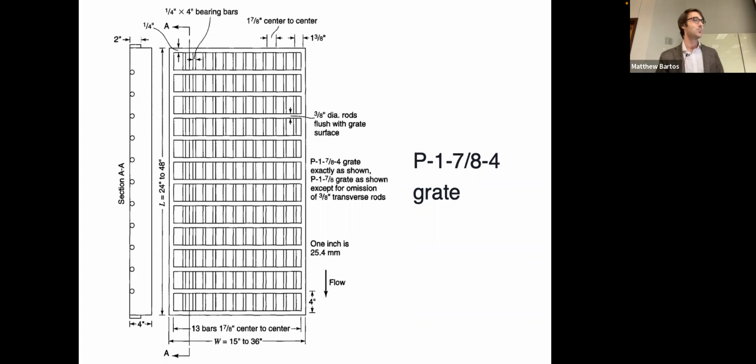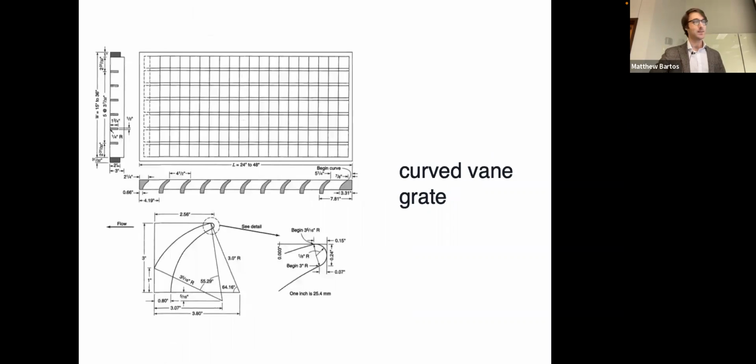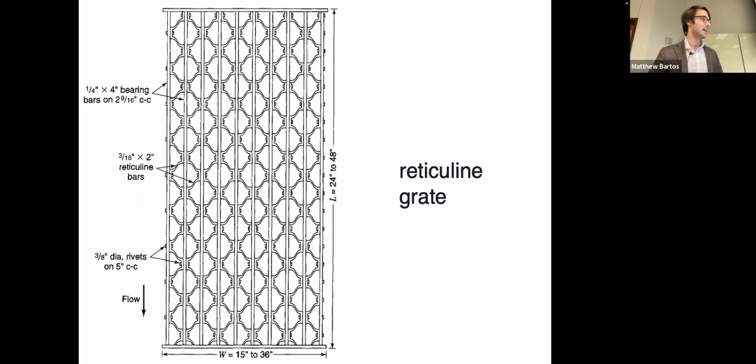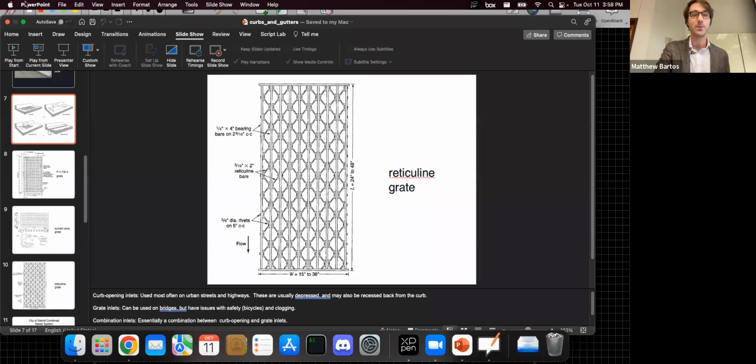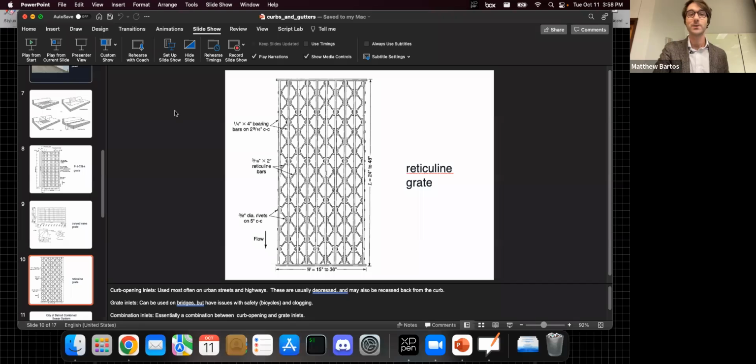This here is the P1784 grate. They get very into their different types of grates in these manuals, curved vein grate, and then you got this nice reticuline grate here, this kind of nice honeycomb pattern. So different types of grate inlets. You can look all of these up in your HEC 22 Urban Drainage Design Manual.